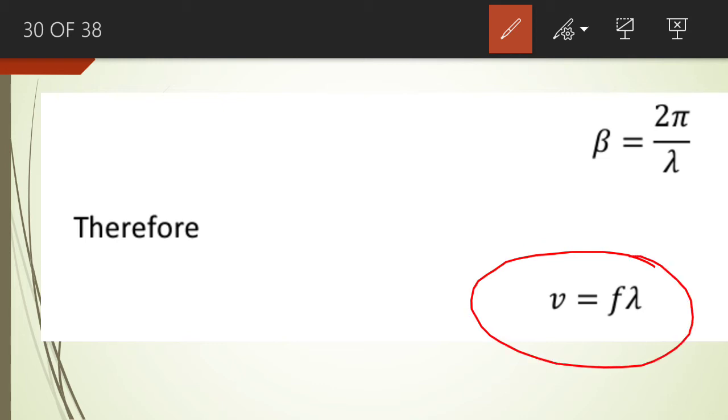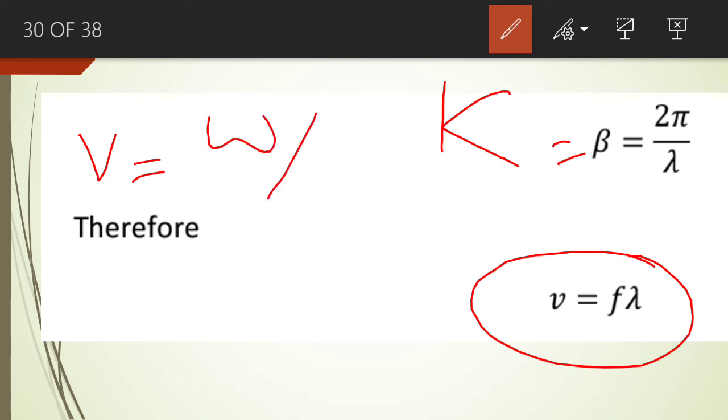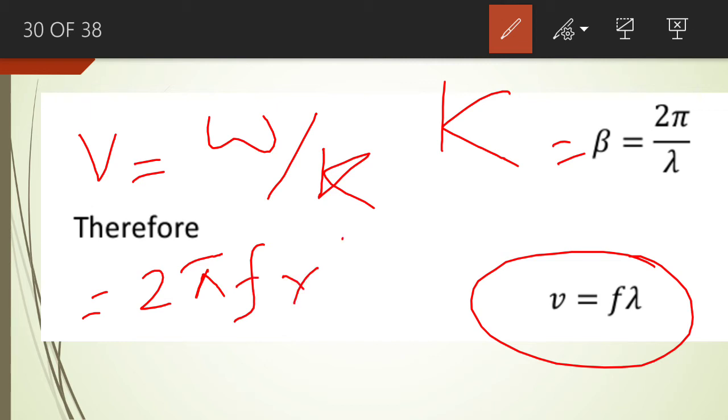In this equation, you see k is equal to 2 pi by lambda. As v is equal to omega by k, we put the values over here. We have 2 pi f, and then we have lambda divided by 2 pi.